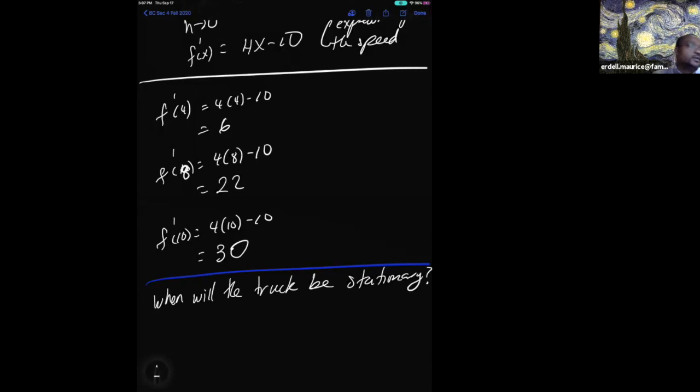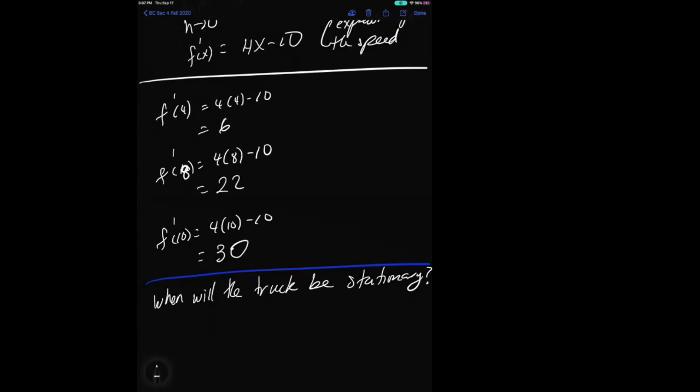Does anybody think they know how to solve this problem right here? I'll take that as a yes. So then somebody tell me how I find this answer right here.